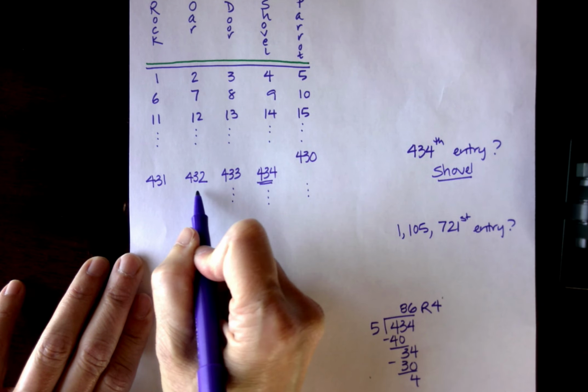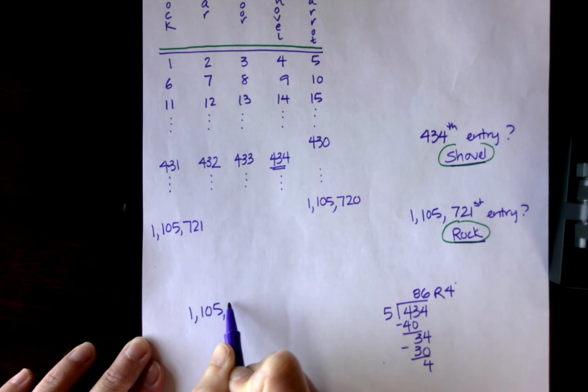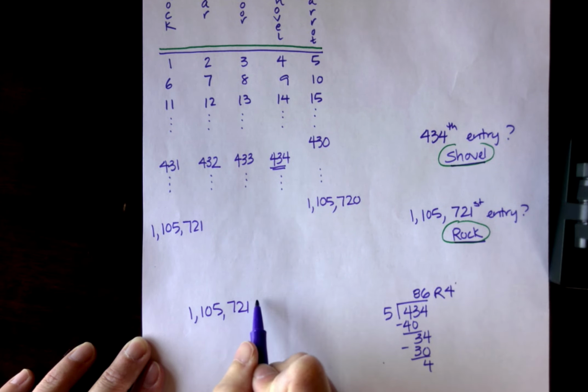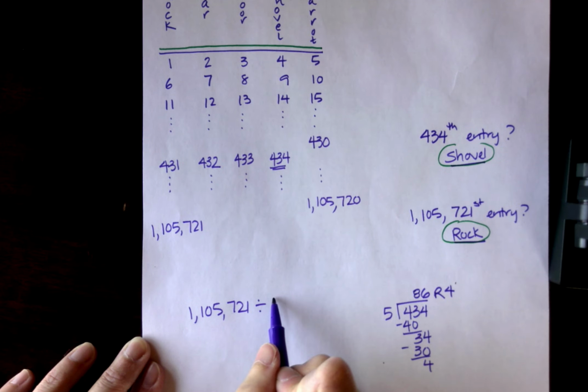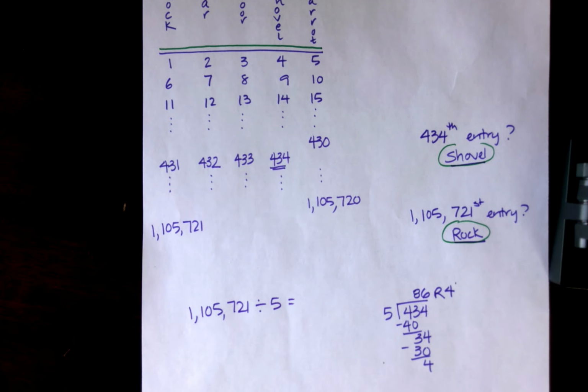We also could have done division on the calculator with this. So maybe we take this one. Let's do 1,105,721 and divide by 5 for the 5 items in the set.